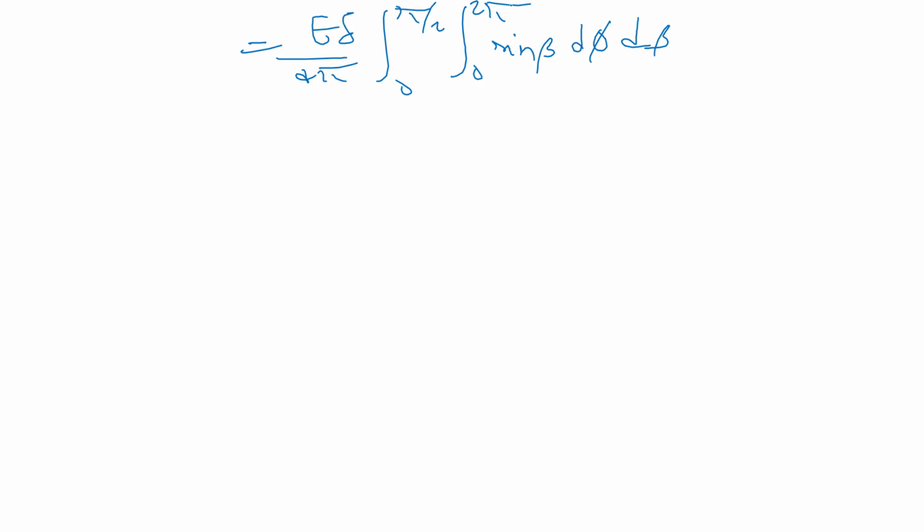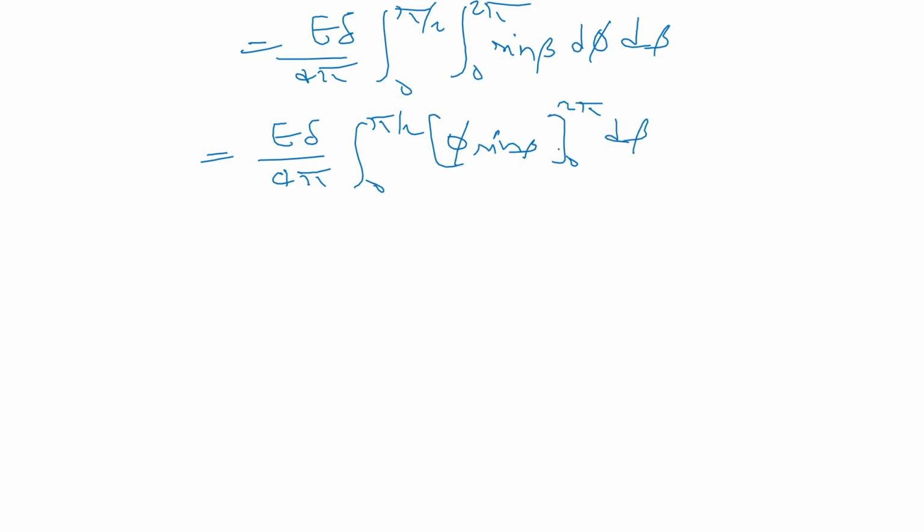If we take the integration with respect to phi now, then we will get phi from 0 to 2 pi. So we will get 2 pi here, so we will get E del by 2 integration 0 to pi by 2 sine beta d beta.